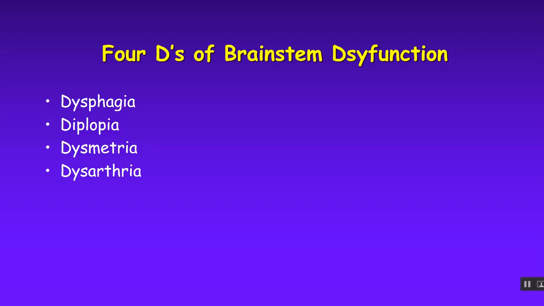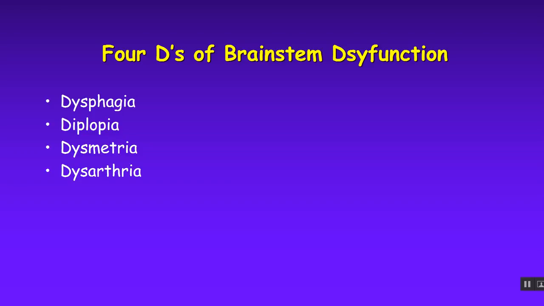It's not guaranteed, it's not 100%, but: dysphagia, some difficulty with swallowing; double vision; dysmetria, incoordination essentially, or ataxia; or dysarthria, difficulty with speech that is not motor planning, it's just that the muscles are weak and your speech sounds kind of funky because of the weakness.